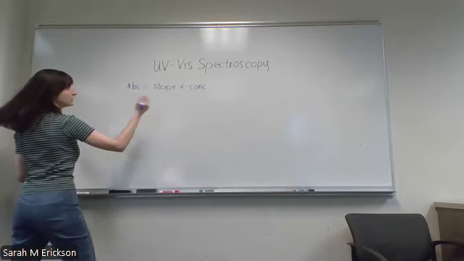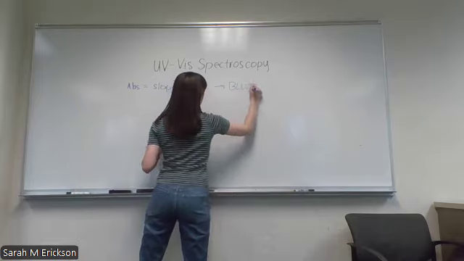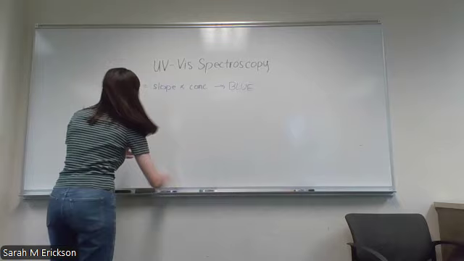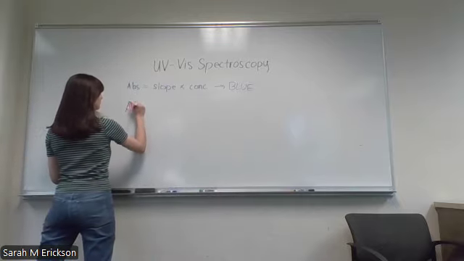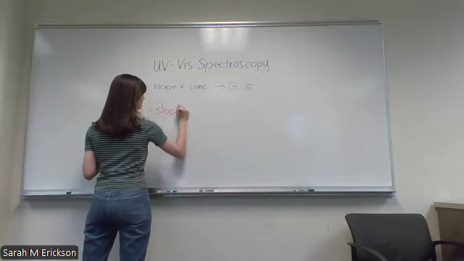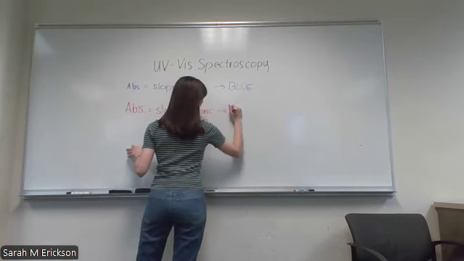And this is for blue, right? And then everything I just said, you're going to do all of that again for your red dye. So we're going to get another equation where we have absorbance is equal to the slope of that graph times the concentration. And that's for red.